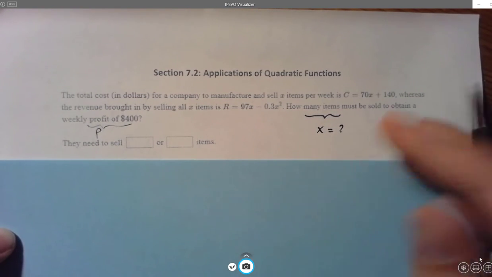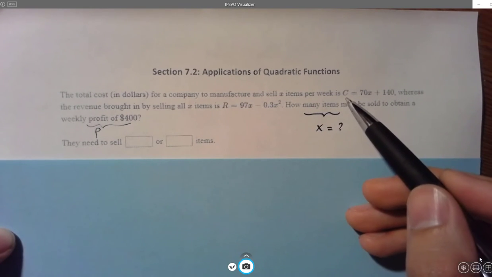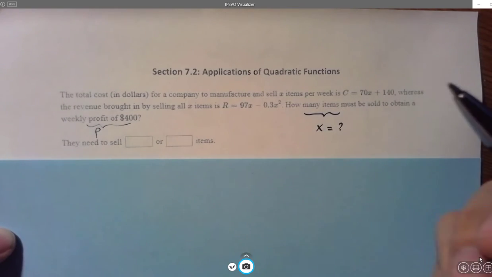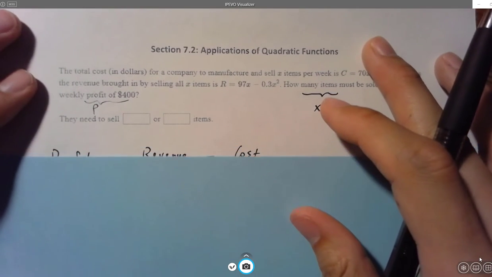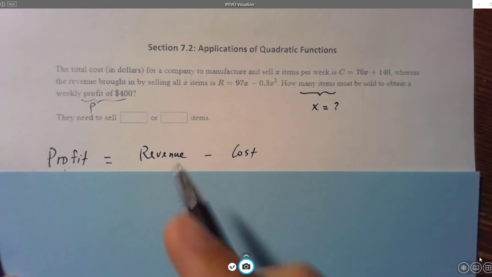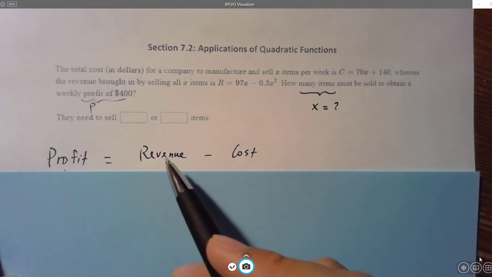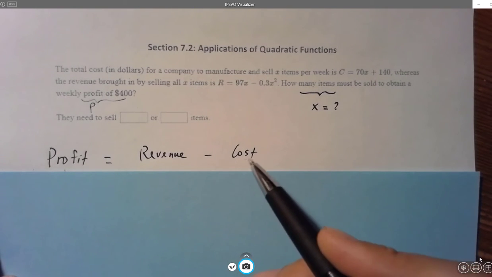So we know that we have the function for C, the cost, and the revenue, but not P, which is the profit. So how do I find the profit function? We know that profit is equal to revenue subtract the cost: whatever you gain from selling the x items, subtract the cost of producing that number of x items.